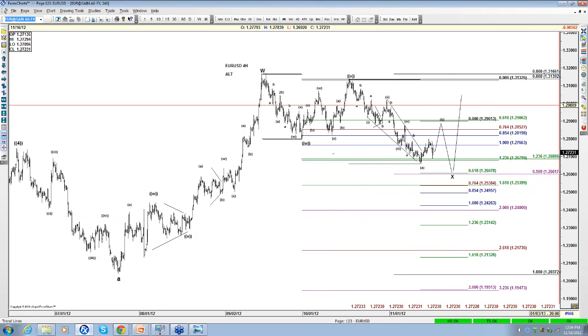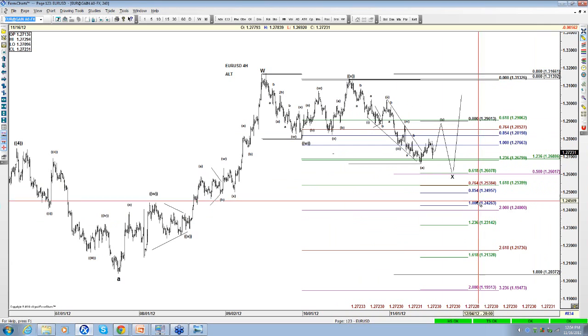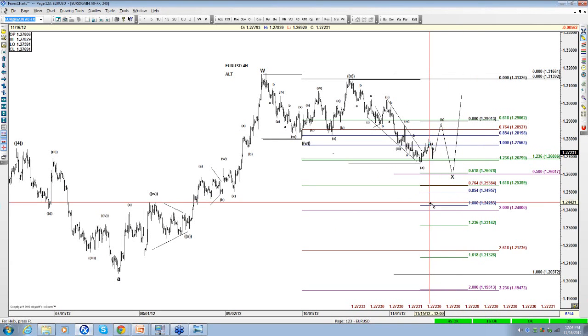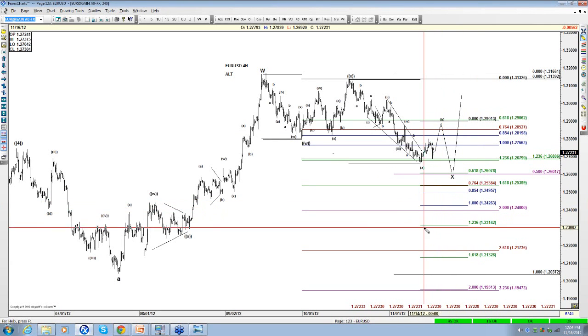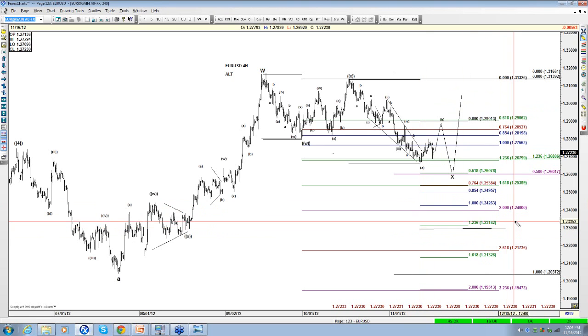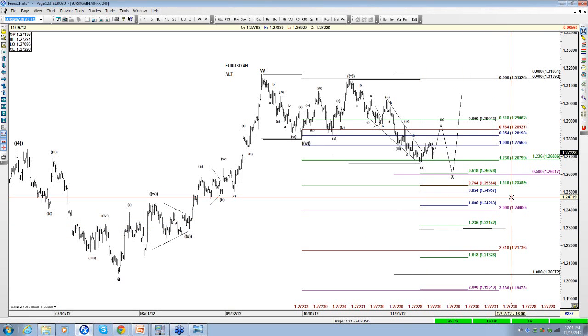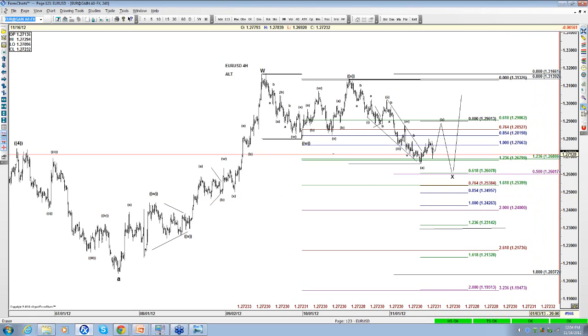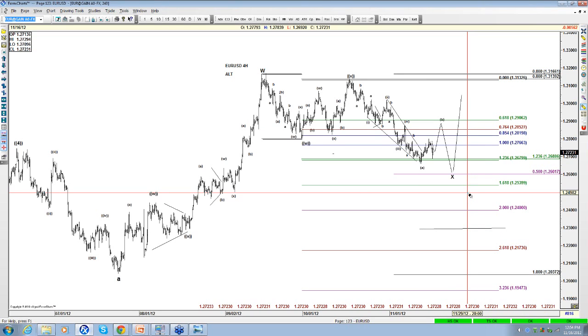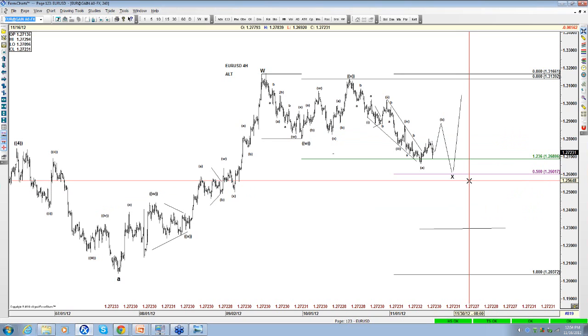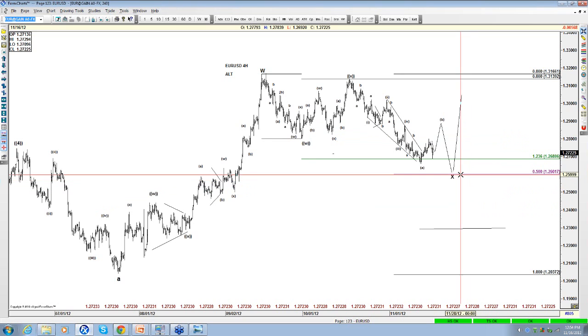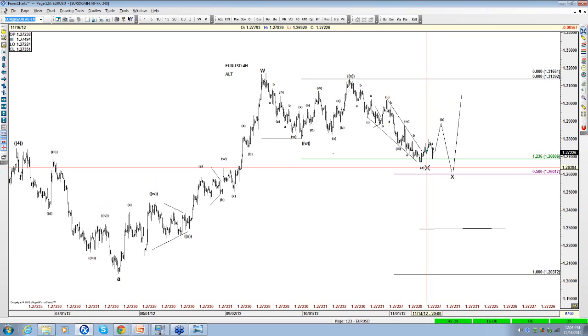You know that it cannot pass these levels right here. I mean, below 1.25, you should be uncomfortable already, to be honest with you. Now, you're going to say, I'm going to take a daily long, right?